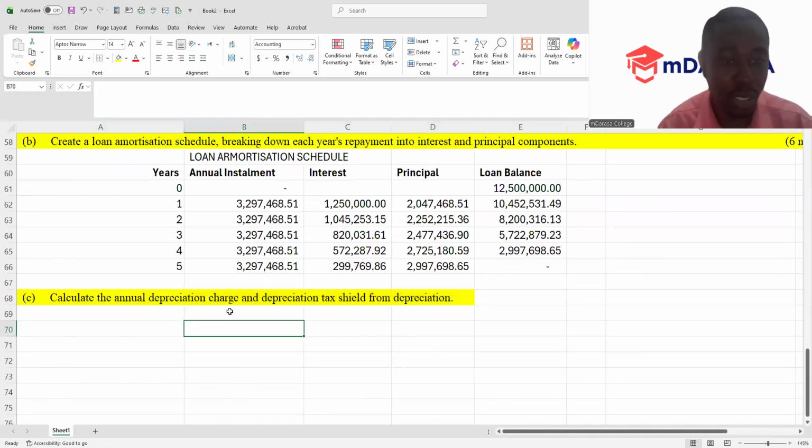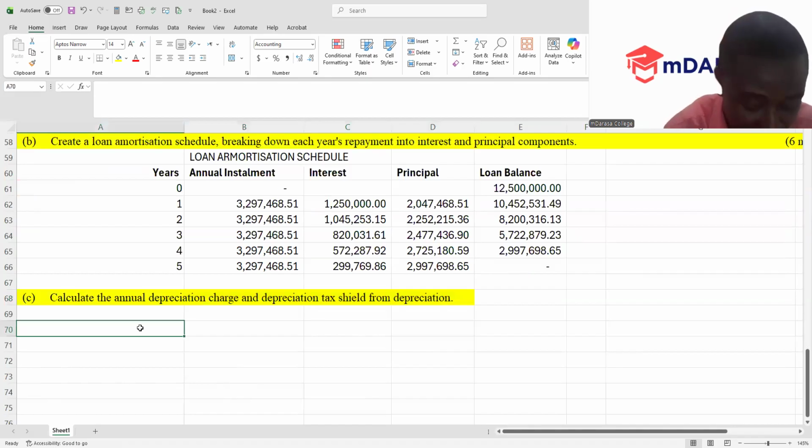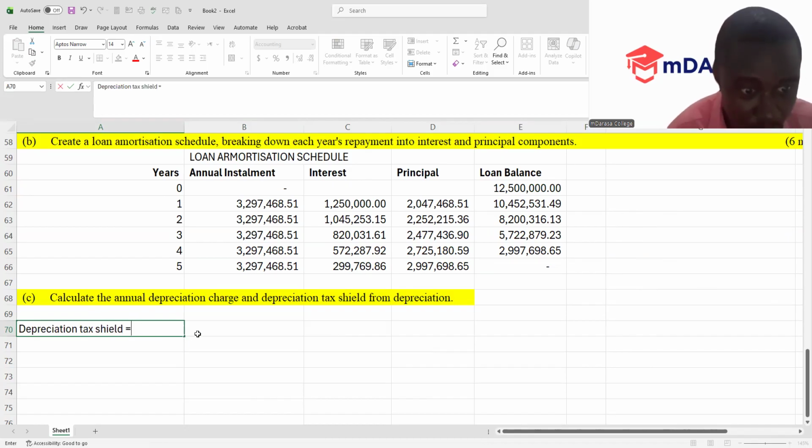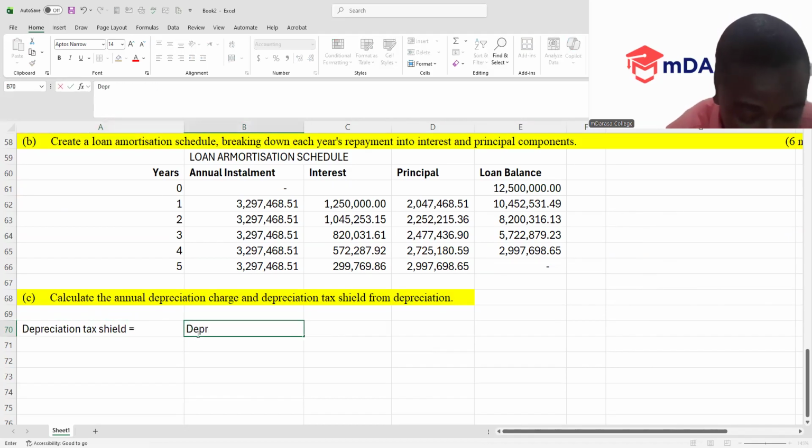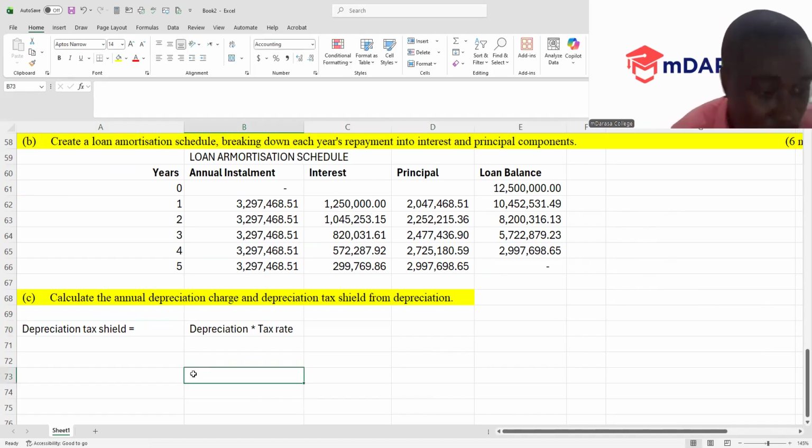So once we have this case, we are asked of depreciation tax shield. How do we always compute our depreciation tax shield here? Depreciation tax shield, if Mwalimu can remind us, we said that in this context, we need to take our depreciation, we multiply by our tax rate. This will give us our depreciation tax shield.